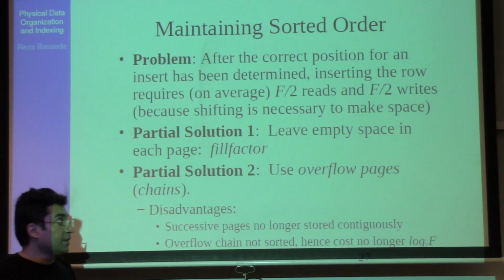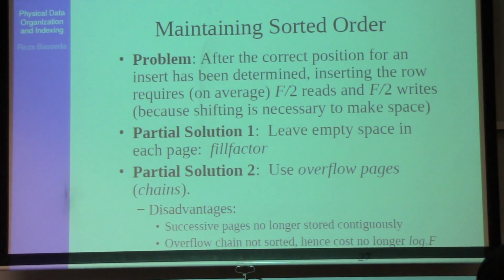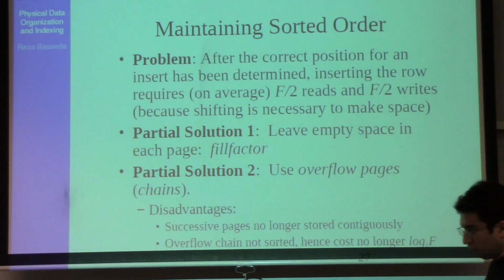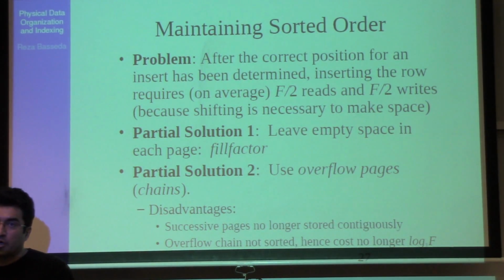Another solution is using overflows. Okay, you know what overflow is, right? If a page is filled, you keep the page already sorted, but if you cannot fit anything in the page, then you will use another page, and you will use a pointer to show who is the next page, or where the overflow rows are located.